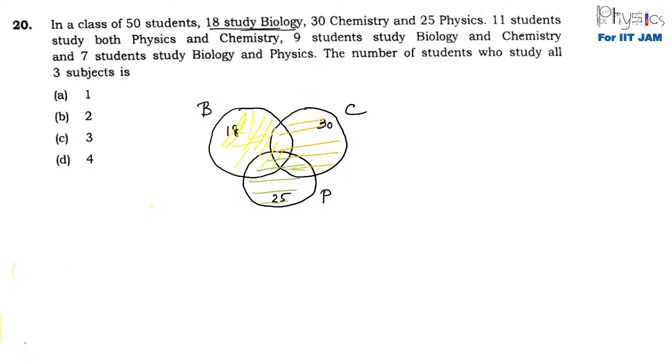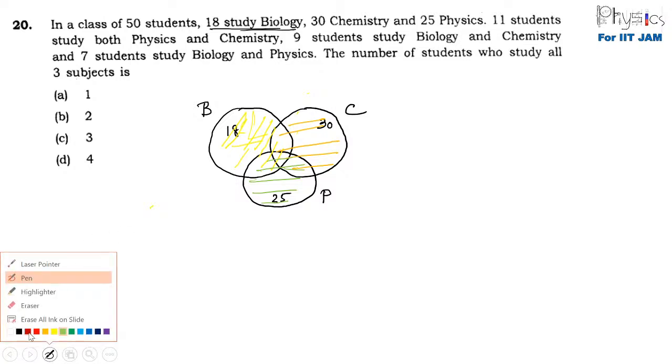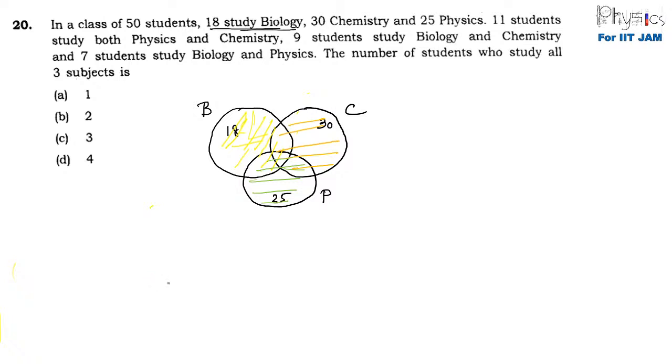Now this portion, the joint portion of B and C, is the number of students who study biology and chemistry, right? This is biology and physics.